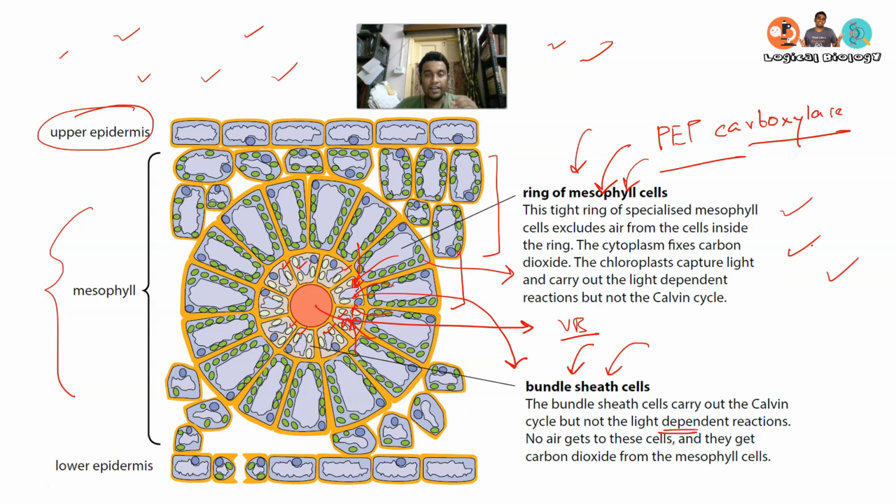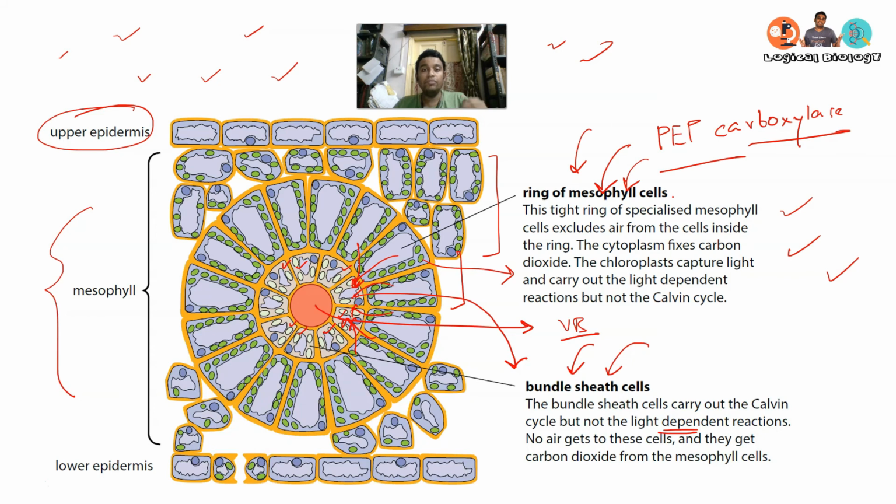So once again, please understand one thing: mesophyll cells, they cannot perform Calvin cycle, but they can perform light dependent phase. Bundle sheath cells, they can perform Calvin cycle, but they cannot perform light dependent phase. Right?